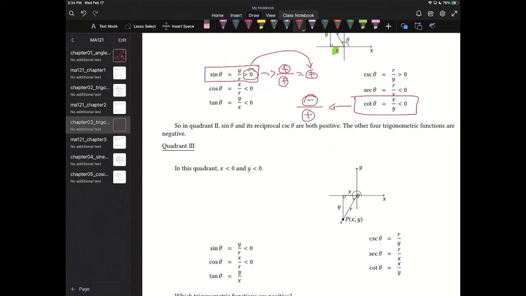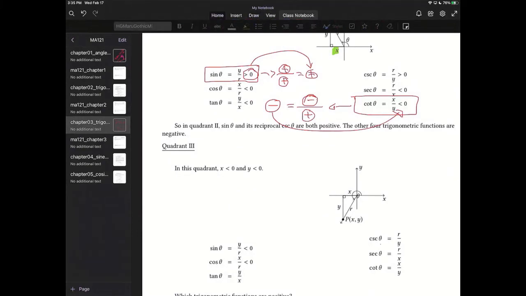Obviously, when you divide a negative by a positive value, the result of your fraction is going to be a negative number. So what it's saying is that your cotangent is expected to be less than 0, negative, for the second quadrant.